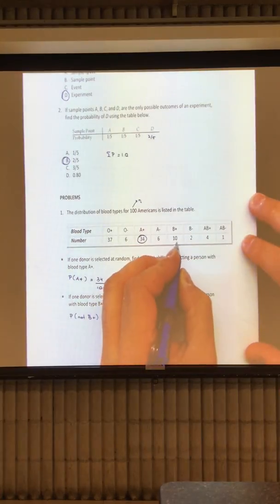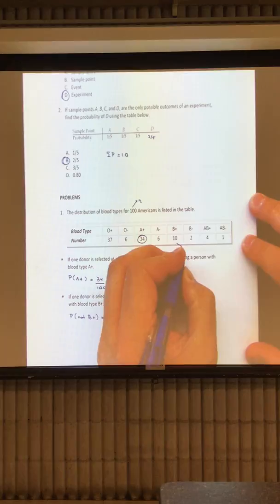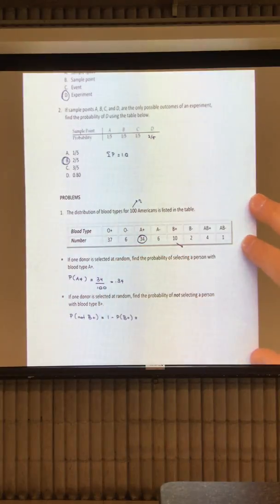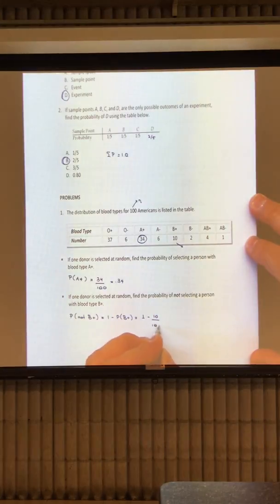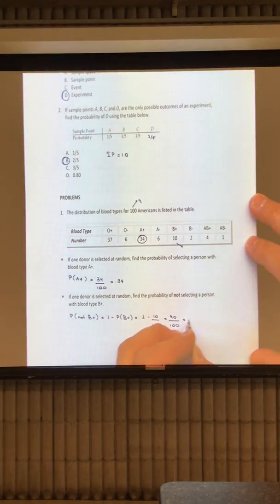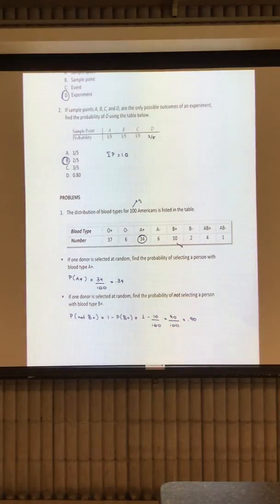We have 10 people. So in this case, the probability will be 1 minus 10 over 100, which is 90 over 100, or 0.9. So this is the solution for problem number 1.